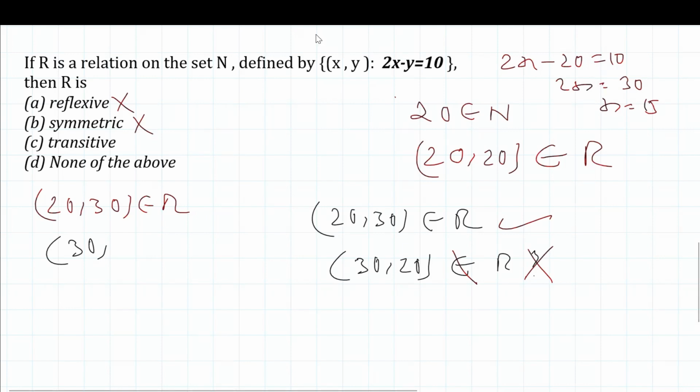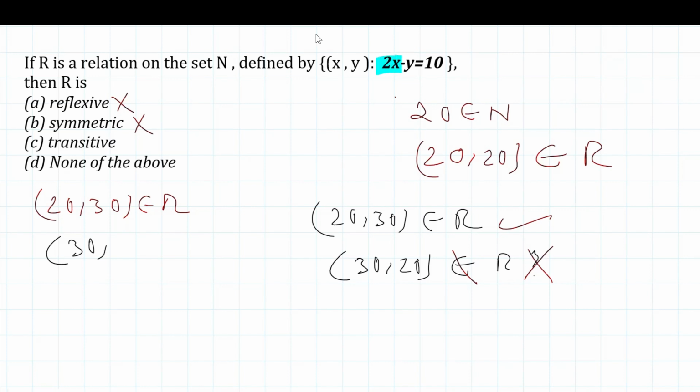Placing x as 30, we need to find y. 2 into 30 minus 10 equals y, so it is 50. So we can see that (20, 30) belongs to R, and (30, 50) also belongs to R. Now we have to check whether (20, 50) belongs to R or not.